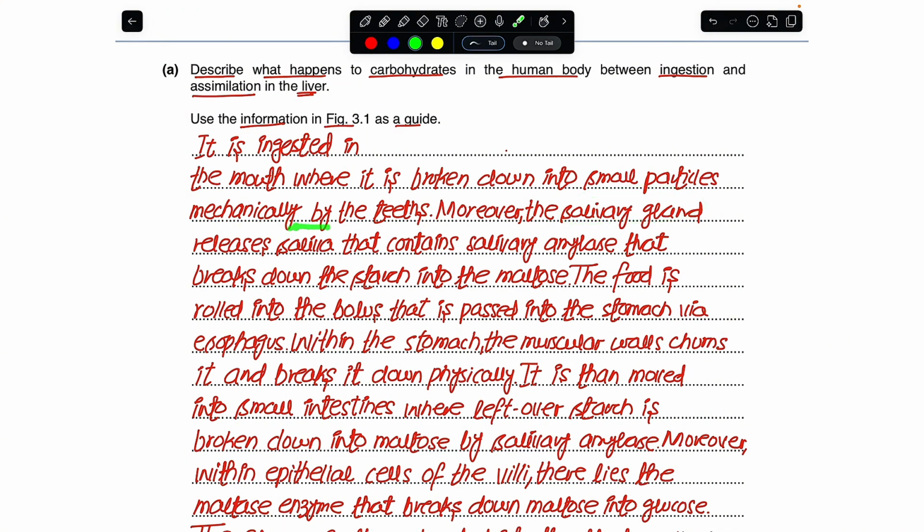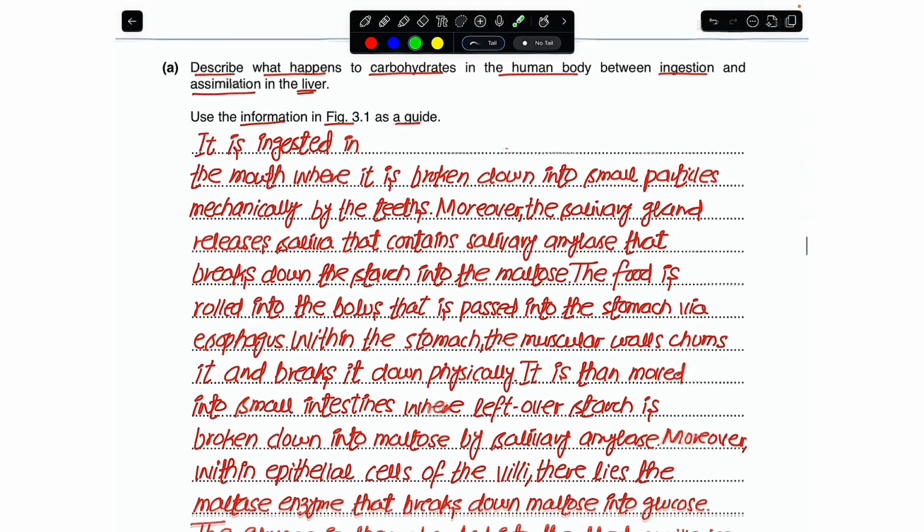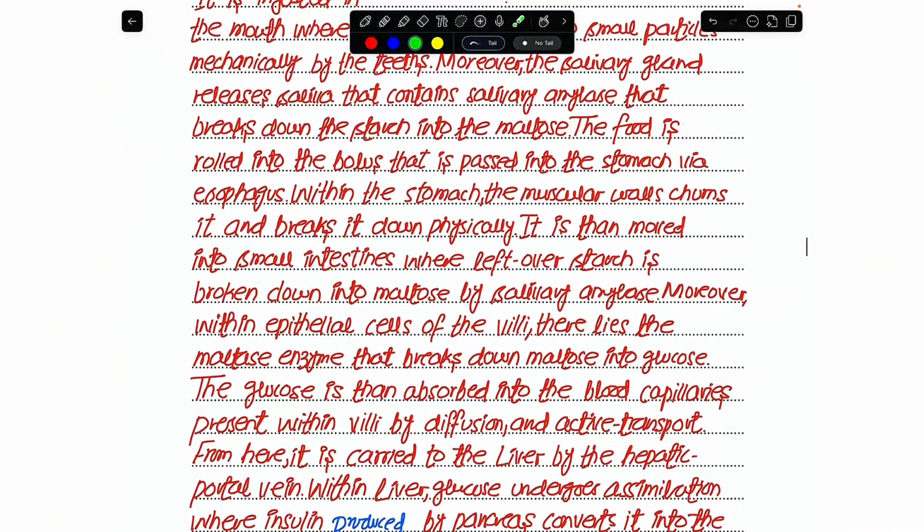They release saliva, which has the enzyme salivary amylase in it. That salivary amylase breaks down the starch in our food and converts it into maltose. While the food is in the mouth, it is converted into a spherical structure, the bolus, and then it goes to the stomach with the help of the esophagus.